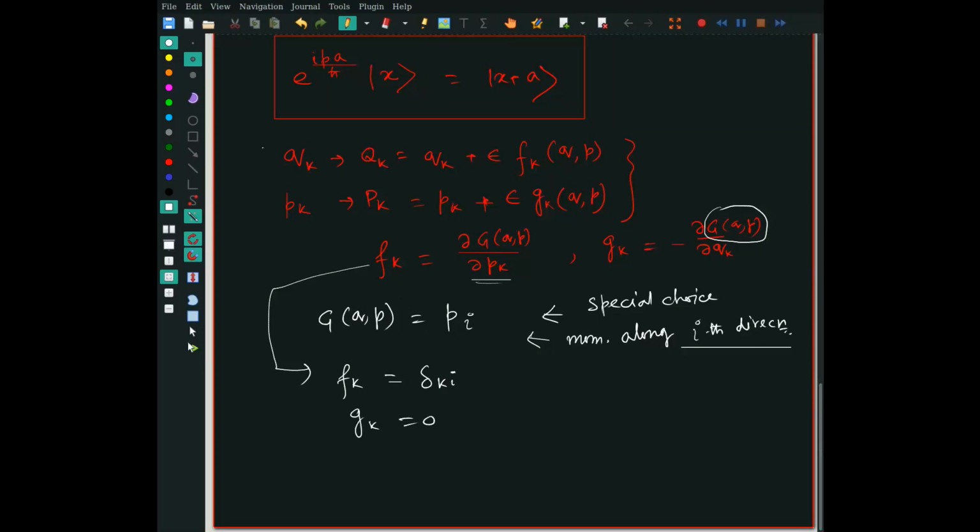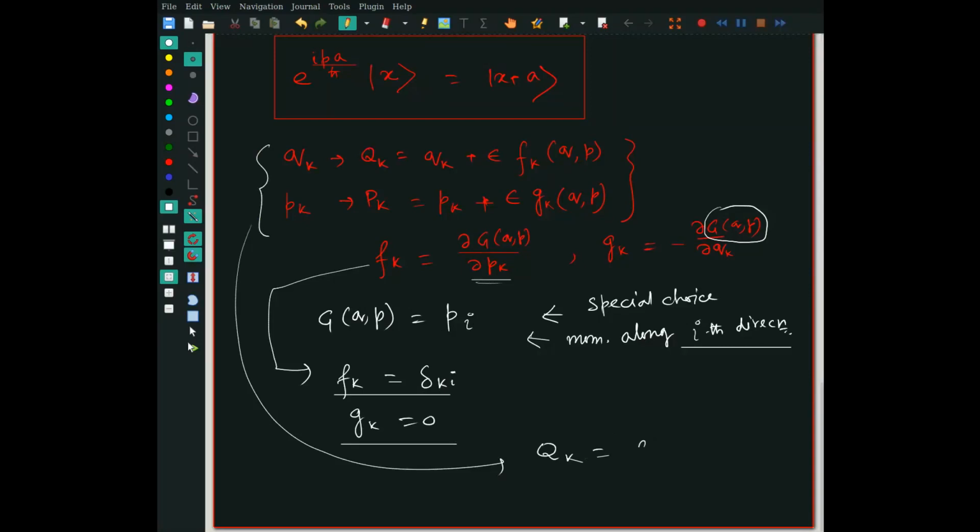Now if you substitute these values in here, what do you get? You get capital Q_k equals q_k plus epsilon δ_ki, and P_k equals just p_k.